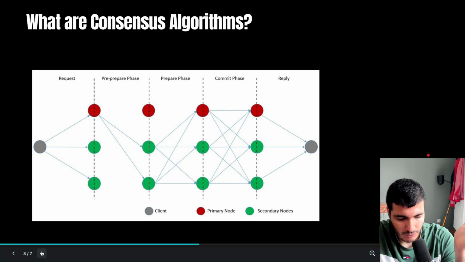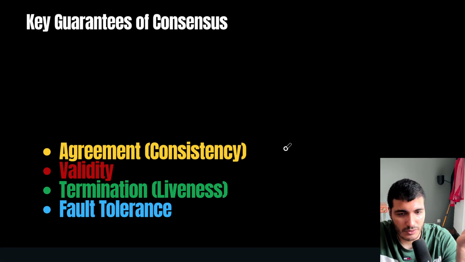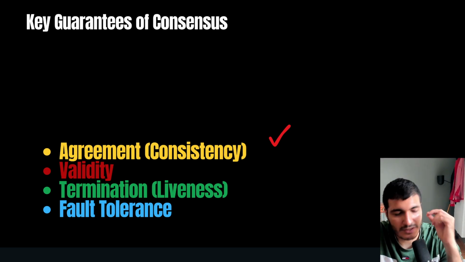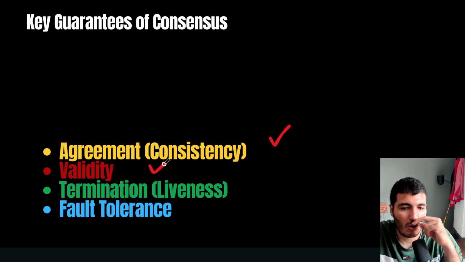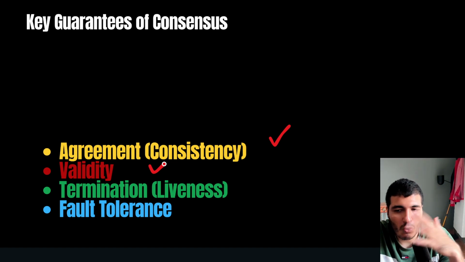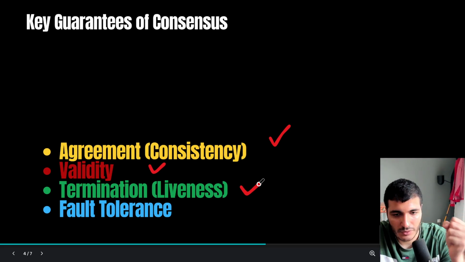Okay, so let's talk about some key guarantees of consensus algorithms. First, we have agreement, which is consistency. All non-failing nodes decide on the same value. Number two, validity. Only a value that was actually proposed by a node can be chosen. Okay? There are no arbitrary values. Number three, termination or liveness.